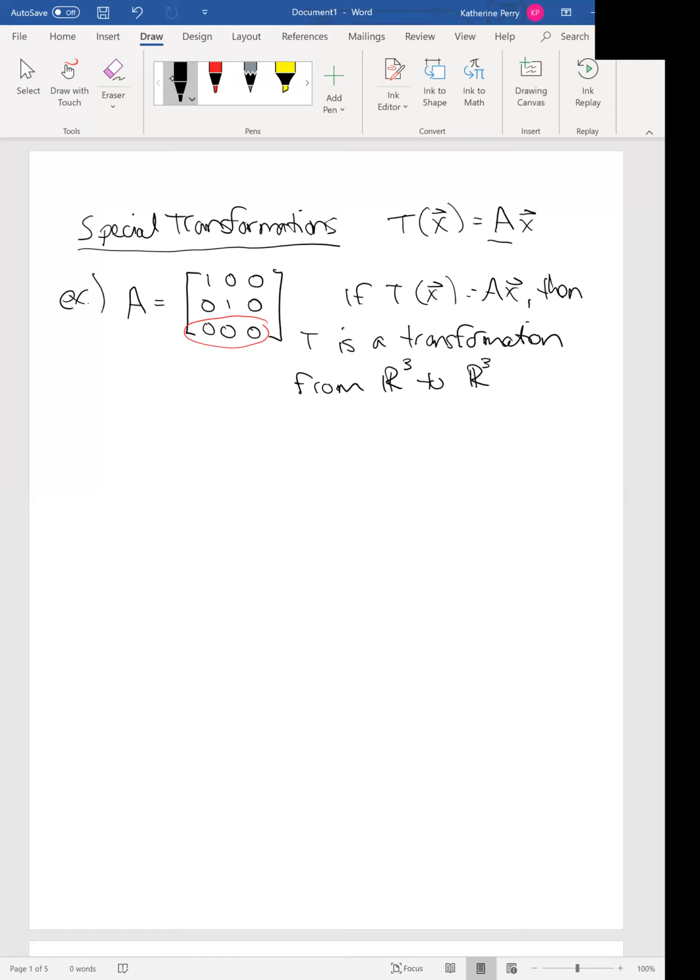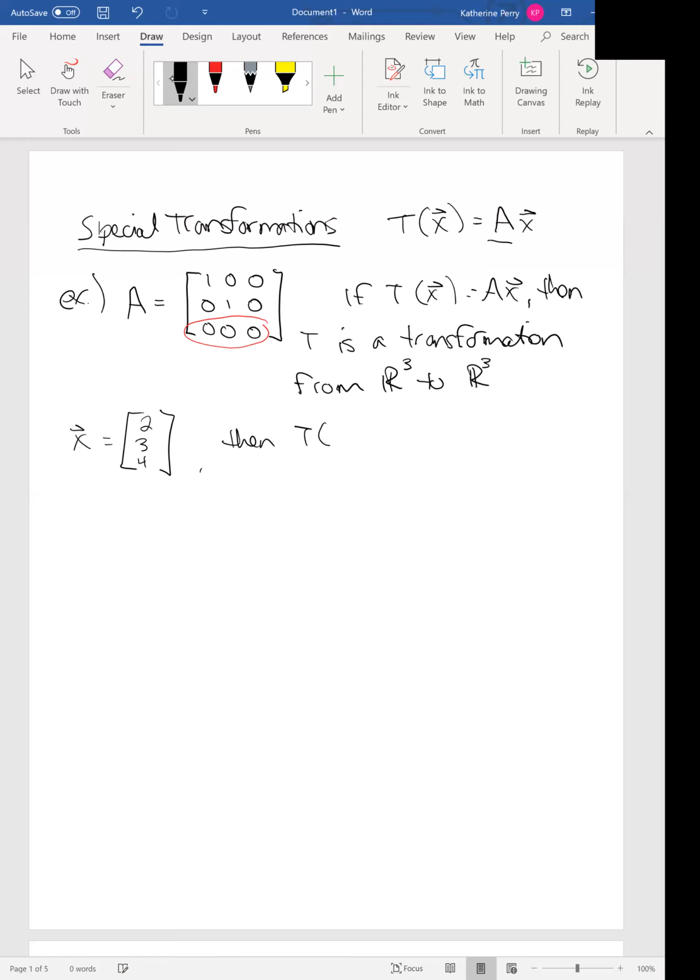And so I want to look at what happens when I actually do take this matrix and multiply it by a vector of 3 dimensions. So, for example, suppose that x is the following vector, 2, 3, 4.